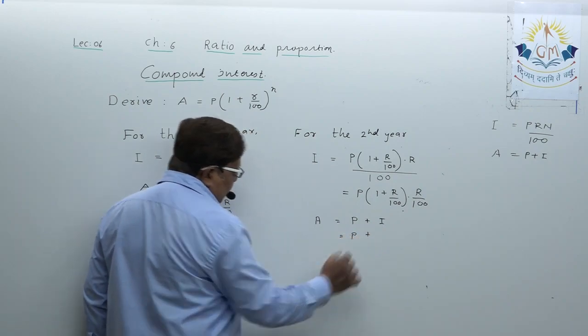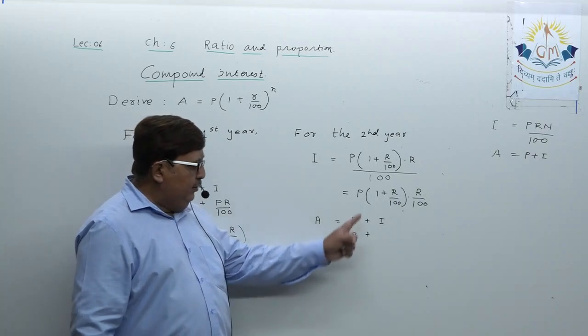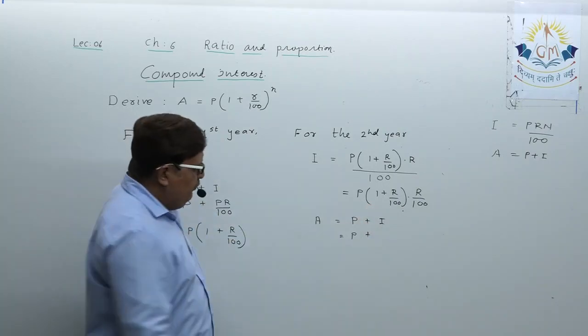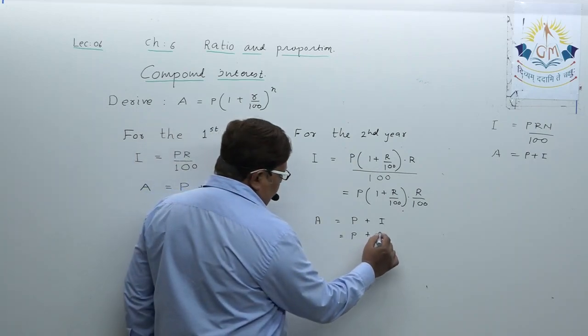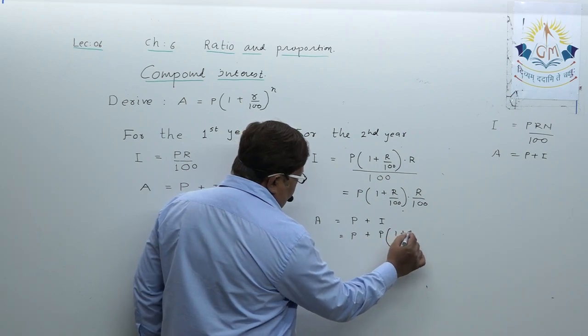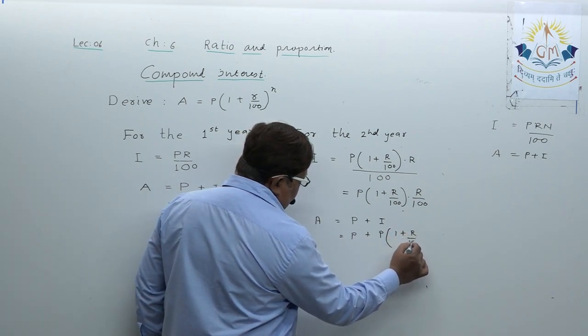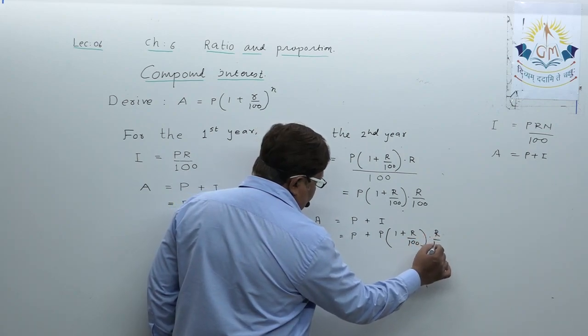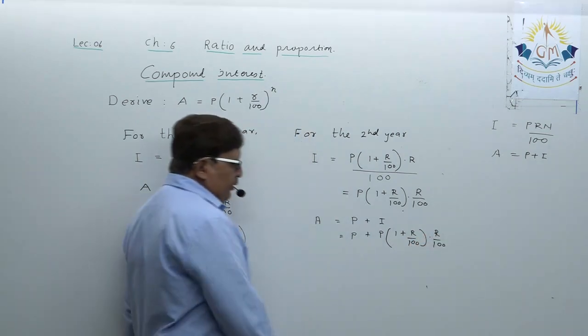Instead of I, what I have to place? This value. Try to understand. P into bracket 1 plus R upon 100 into R upon 100. Okay.